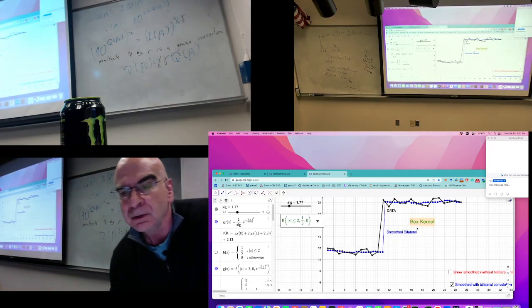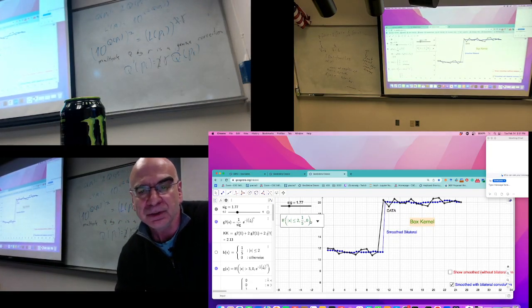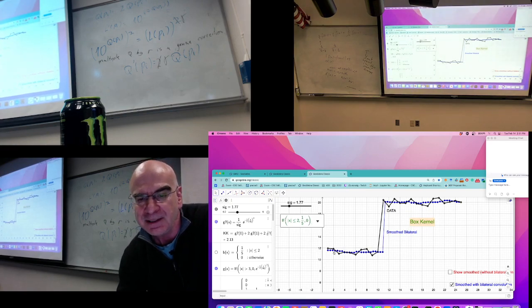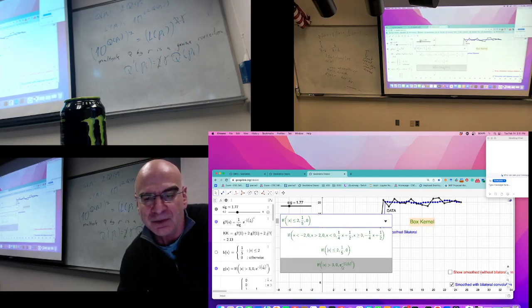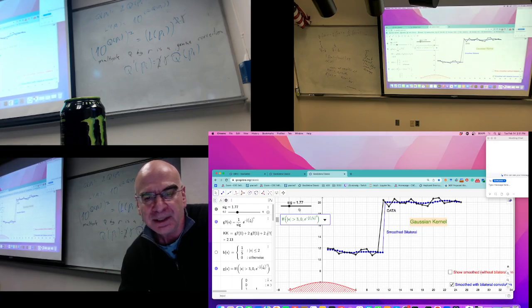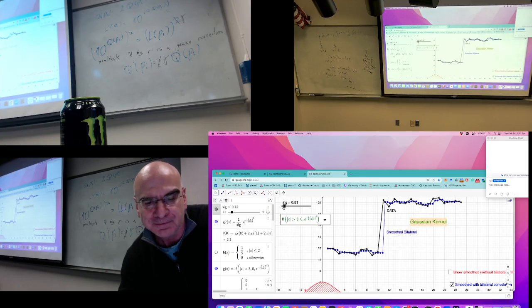And it will work both if I use the tent. Here, it's nice in its range, but it's still very rough. If I use a Gaussian instead, then I can make it more smoothed, depending on sigma, depending on how sharp or how smooth the Gaussian is.